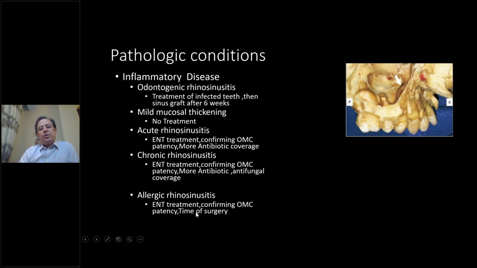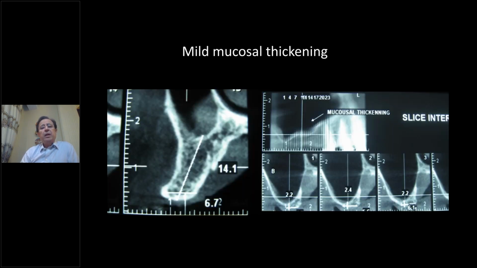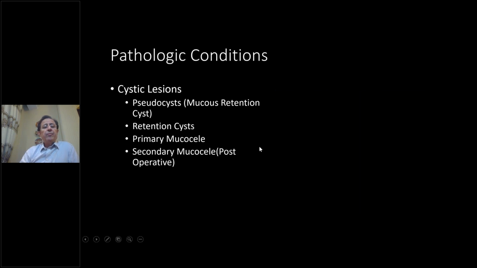And in allergic sinusitis, after ENT treatment confirming OMC, we must choose the best time for surgery. If the patient has seasonal allergy, we must choose the best time based on the least allergic period. You can see the mild mucosal thickening.